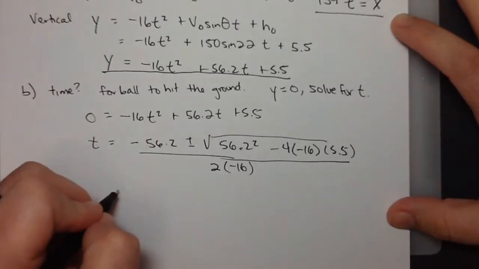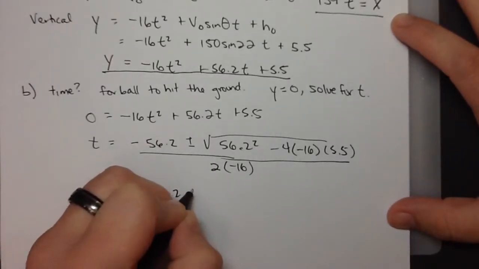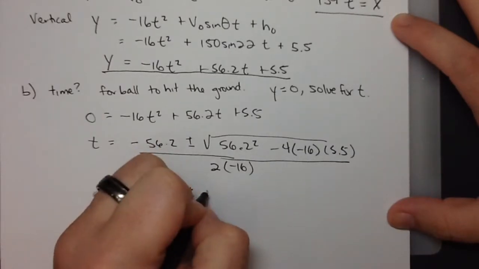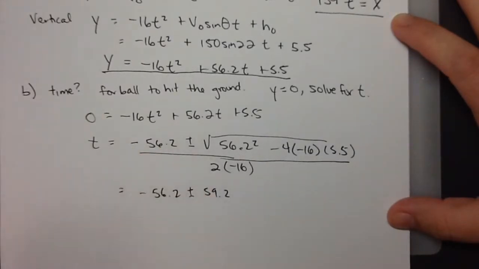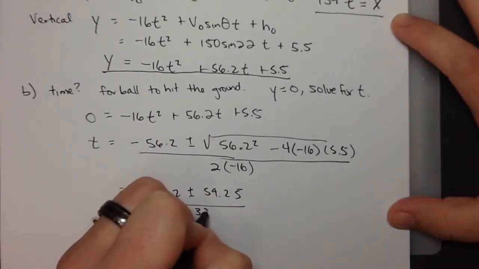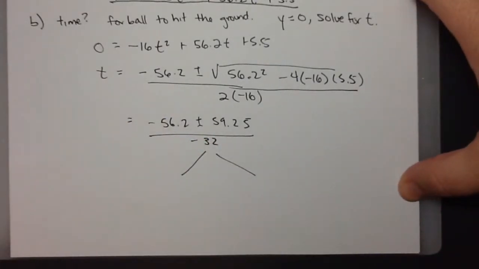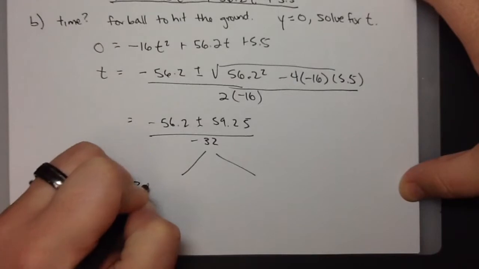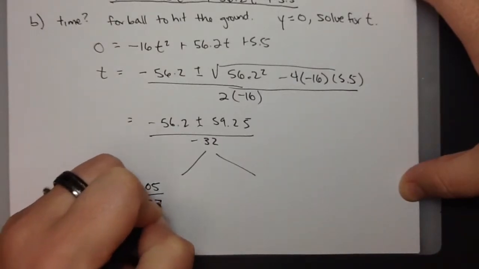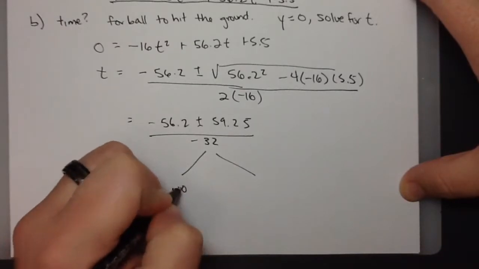So when you work this out, you get negative 56.2 plus or minus 59.25 over negative 32. This gives us two roots. So we've got positive 3.05 over negative 32. We can't have negative time. No negative time.